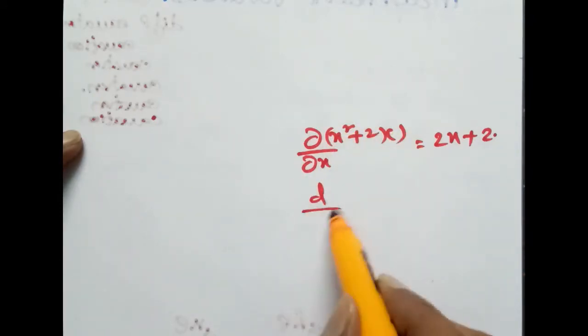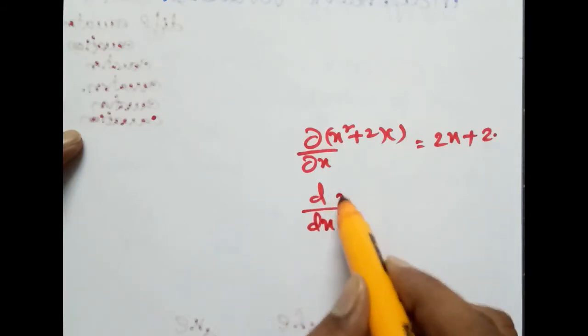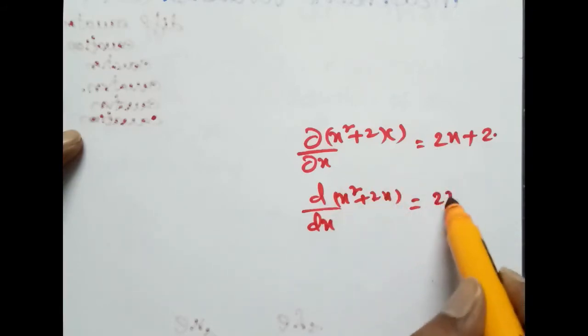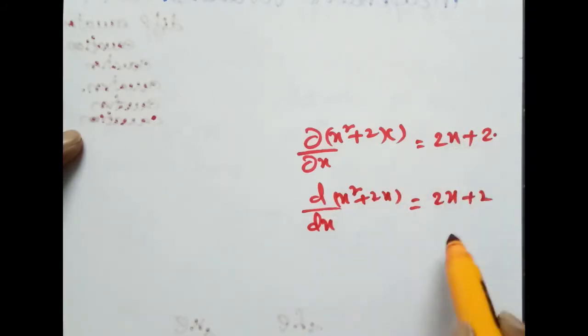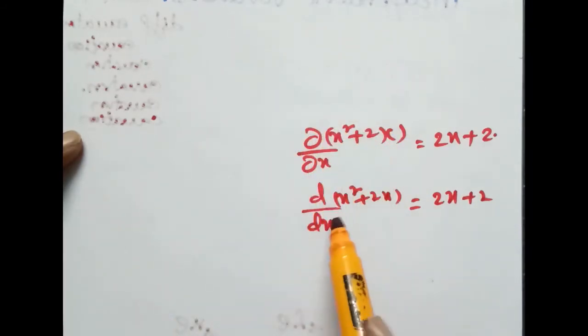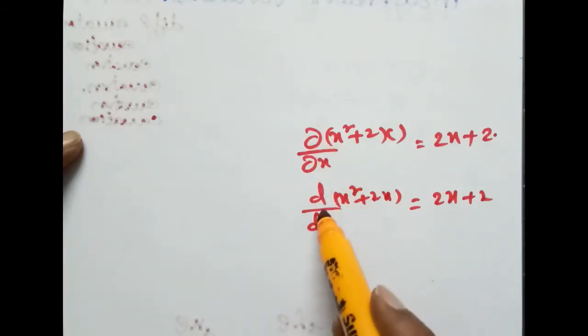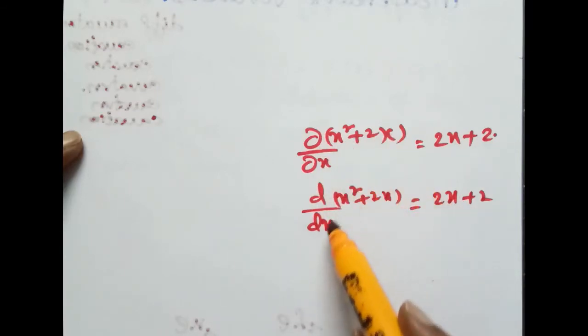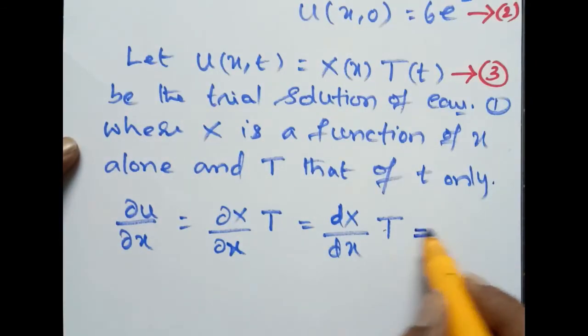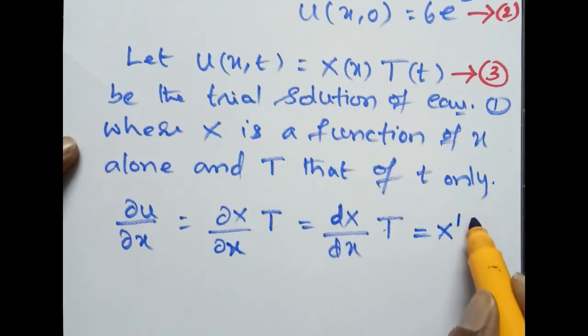So this is exactly equal to the ordinary derivative of x² + 2x, which is 2x + 2. See, these two are equal. Since it is a function of x alone, the partial derivative is exactly equal to the ordinary derivative. So ∂/∂x of x² + 2x can be written as d/dx of x² + 2x. Therefore this can be written as d/dx of X, written as X dash, into T.